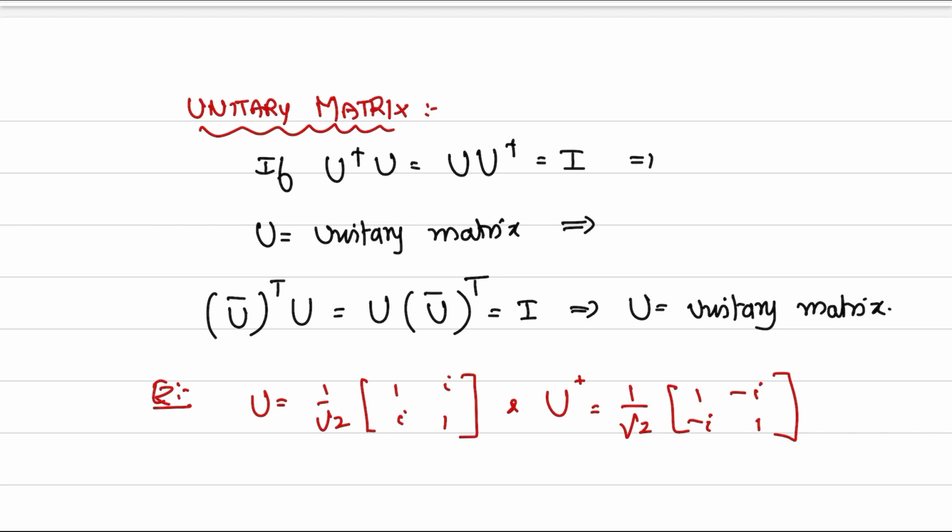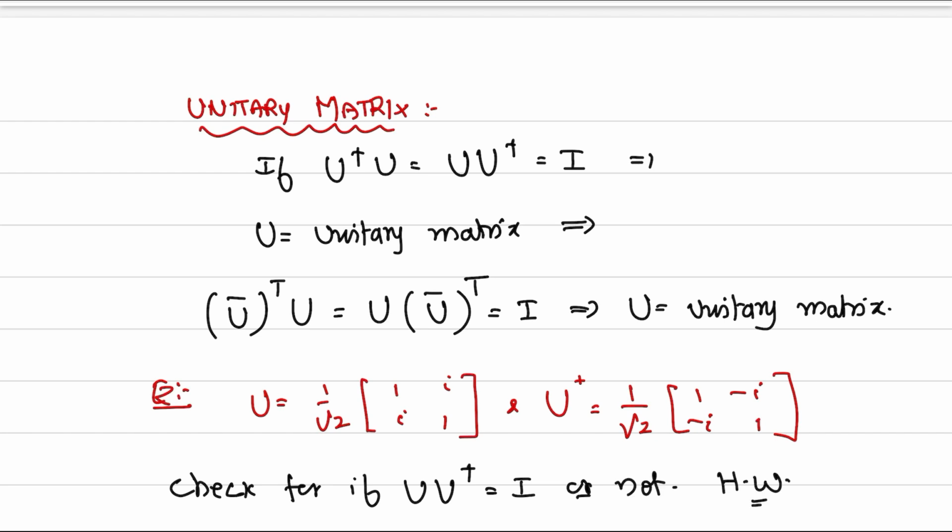Then check whether U conjugate transpose U is equal to I or not. This is for your homework. Please do it. This is the definition. This is the example. Please check it.